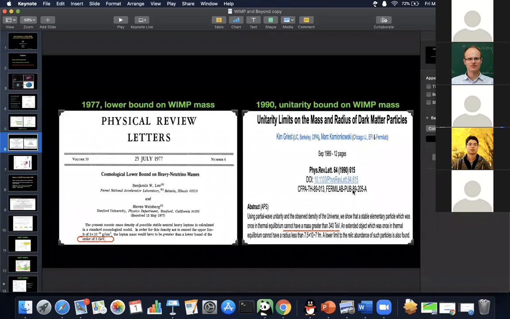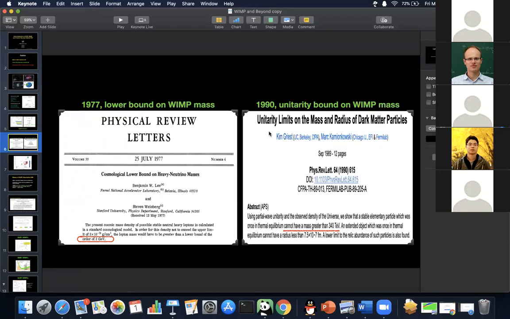According to calculations in the 1970s, Lee and Weinberg gave the lower bound of the WIMP dark matter mass. It cannot be less than 2 GeV. This bound is very famous and still works now.